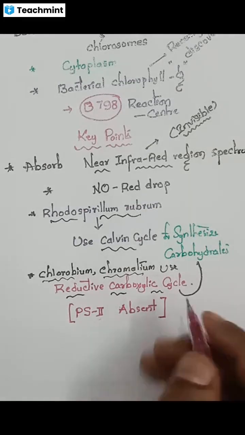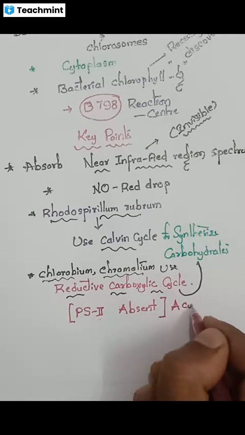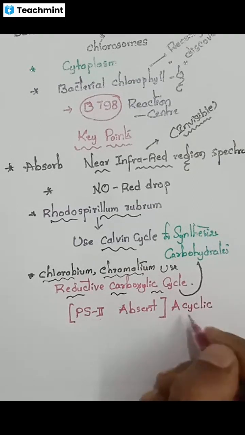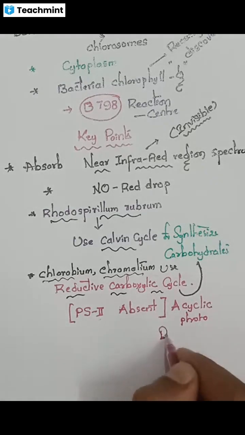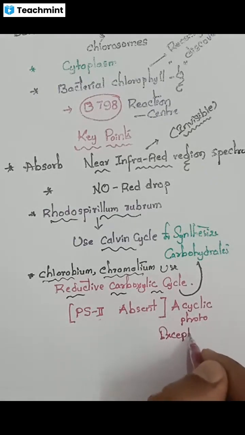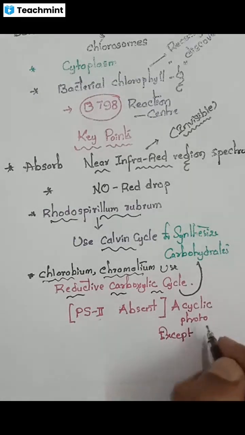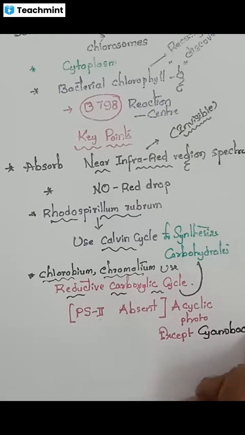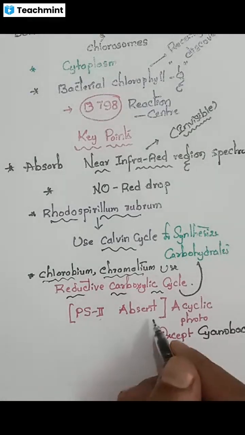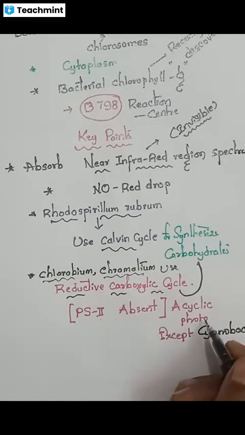So there is no acyclic photophosphorylation except in cyanobacteria. In bacteria, photosystem 2 is absent, so there is no acyclic photophosphorylation except in cyanobacteria.